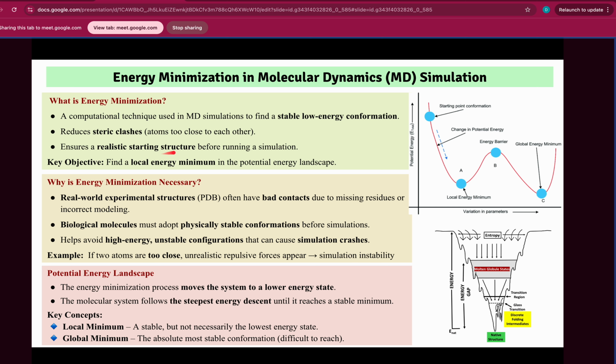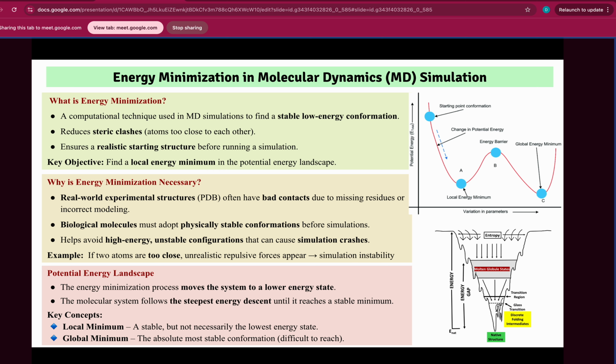Then we ensure a realistic starting structure, because in the MD simulation you are recreating the actual conditions in the computer. So you need to make sure that the starting point is as similar as possible to my native state. The key objective is to find a local energy minimum in the potential energy landscape. I hope you are clear about the potential energy landscape.